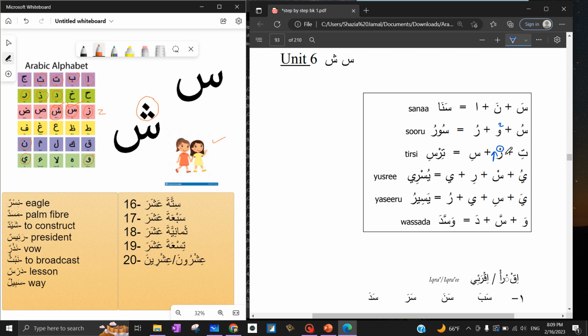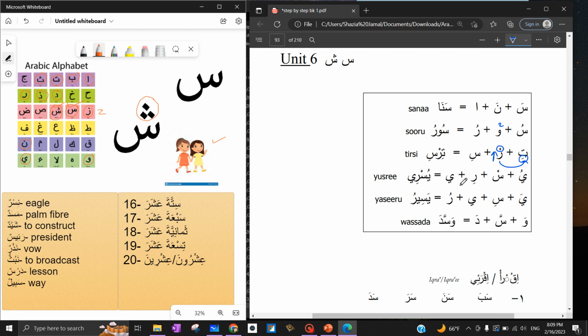But before ra, you will see what haraka is there. There is a kasra. So whenever there is a kasra before the ra, you need not raise your tongue. Then the ra becomes a light letter. So you don't pronounce it with a heavy tongue. You will say tirsi, not the heavy one.